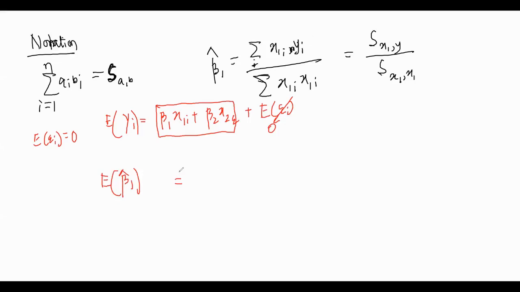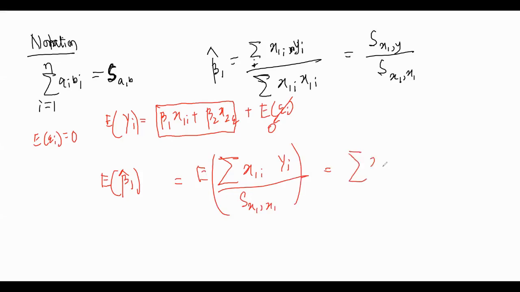So it's very easy. Since expectation is linear, summation of x1i y_i by s of x1 x1, where the denominator is a constant. If you take expectation of this, it's summation of x1i, a constant, times expectation of y_i, by s of x1 comma x1. So you get that it's equal to summation of, okay, let's not write here.